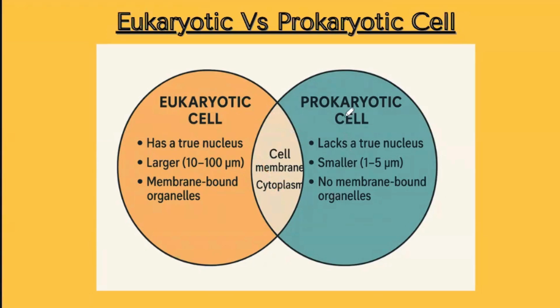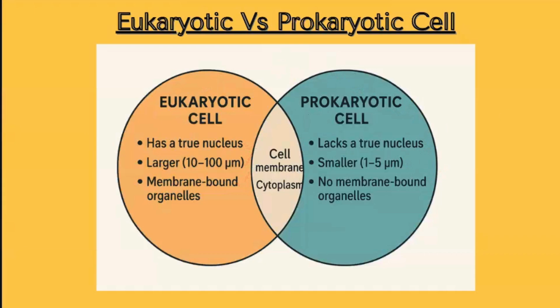In fact, there's a theory called the endosymbiotic theory, which basically states that prokaryotic cells, which lack a nucleus, are a lot smaller, and have no membrane-bound organelles, eventually evolved to what we now call eukaryotic cells, which have a true nucleus, are a lot larger, and have membrane-bound organelles.